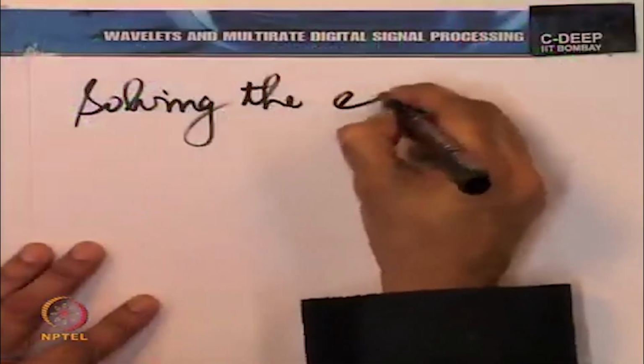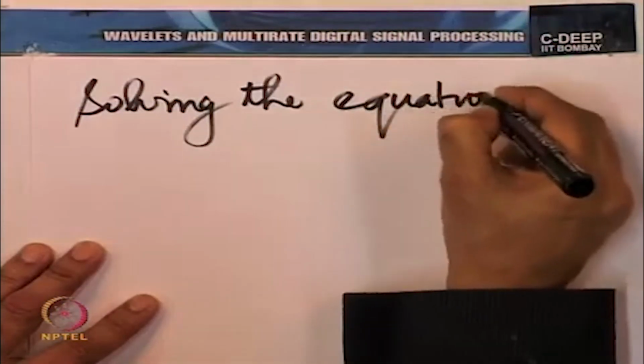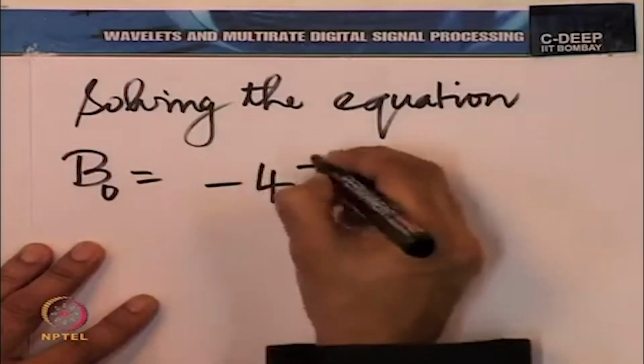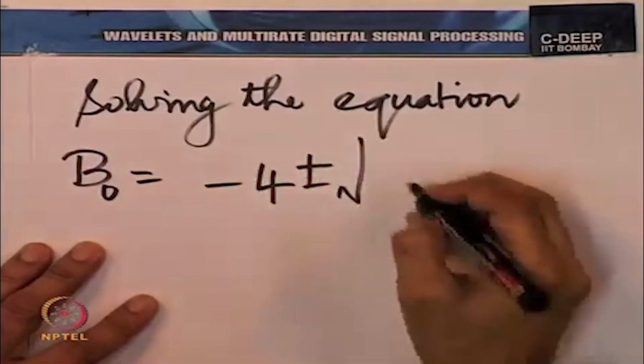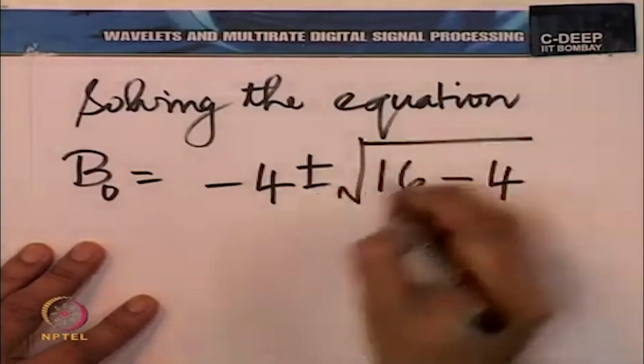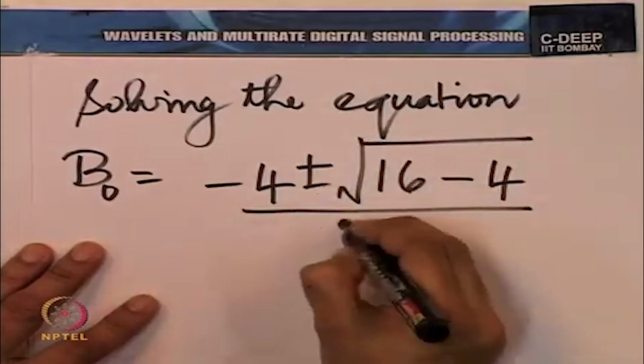There was one free parameter and one non-trivial constraint. Solving the equation, we have B 0 is minus b plus minus root b squared minus 4 a c by 2 a.